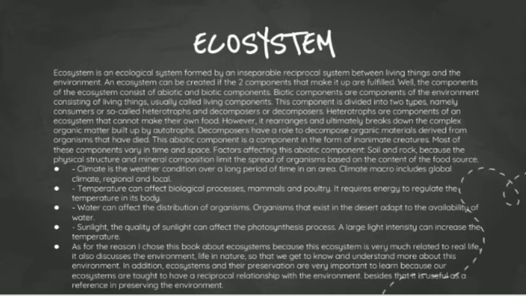The components of the ecosystem consist of abiotic and biotic components. Biotic components are components of the environment consisting of living things, usually called living components.